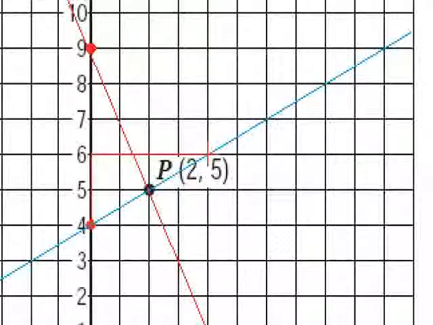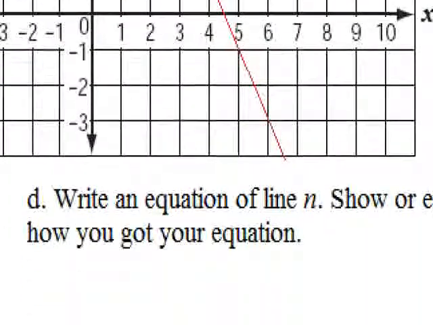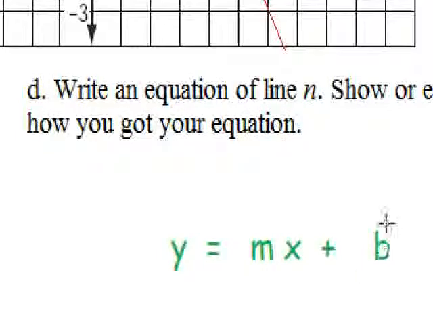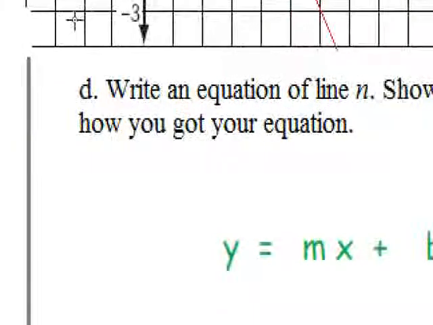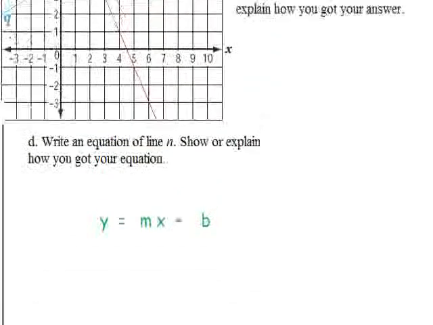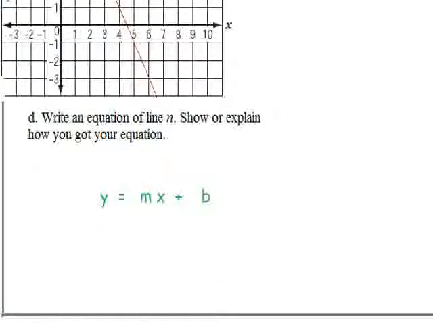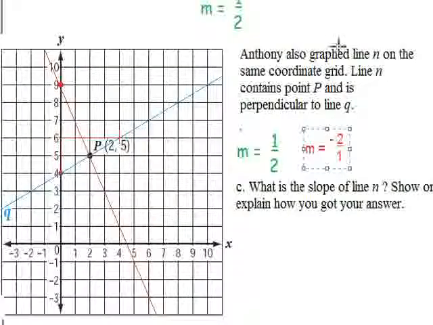So my b part of the equation, my y-intercept, is going to equal 9. Let me zoom out a little bit and cut and paste some stuff here. My y-intercept is going to be 9, and my slope is negative 2 over 1.